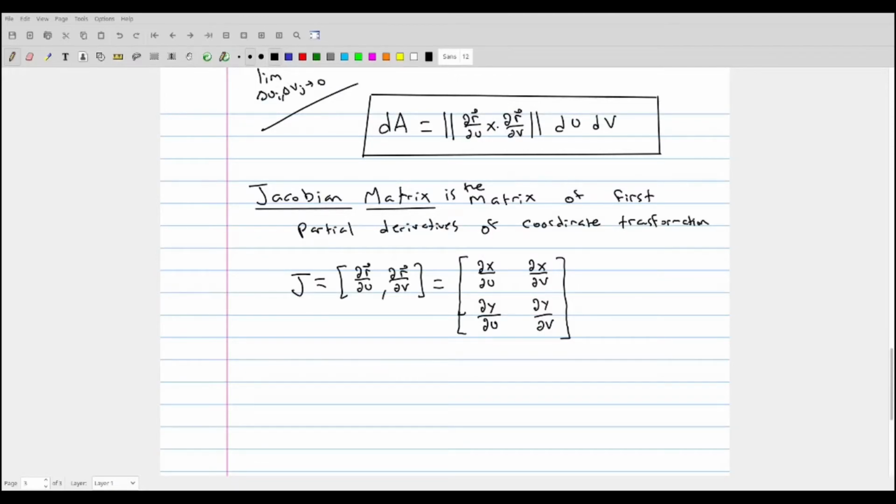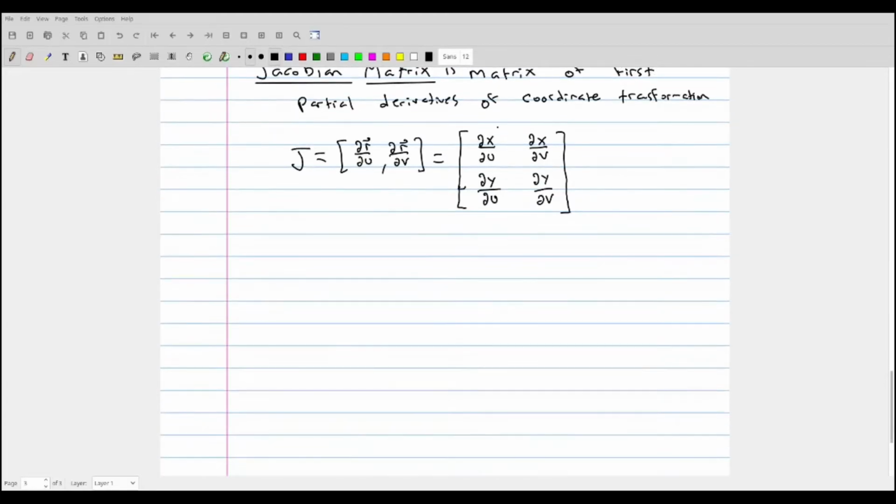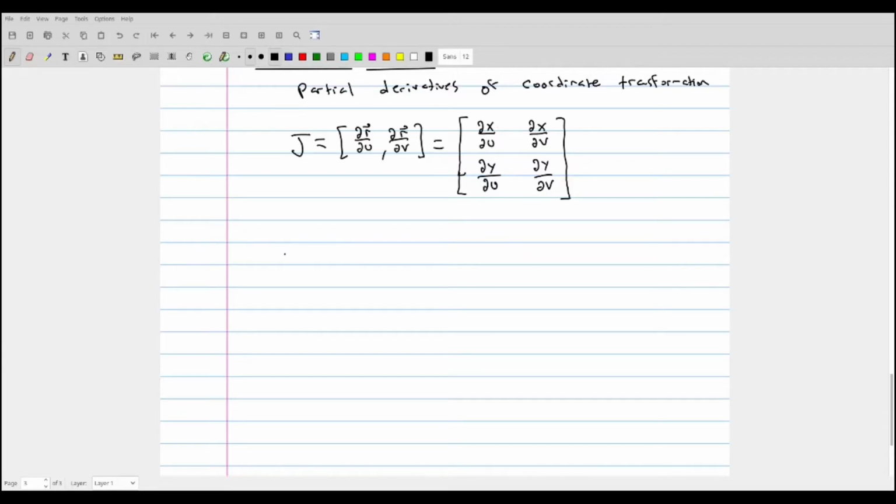Specifically, if we take the determinant of the Jacobian matrix and take the absolute value of it, remember that the determinant of a 2x2 matrix is the product of the diagonal components, dx/du times dy/dv, minus the product of the off-diagonal components, dy/du times dx/dv.